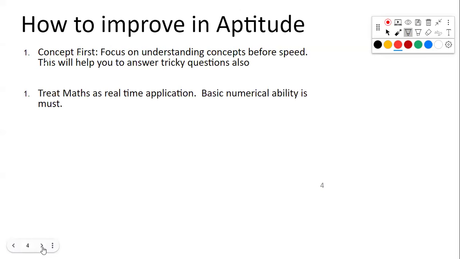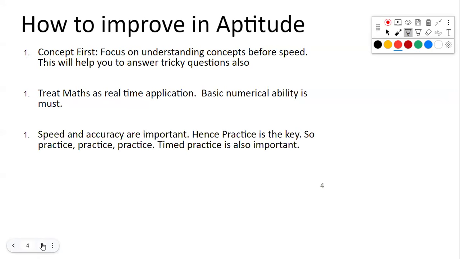Treat maths as real-time application. Basic numeric ability is a must. You do a lot of purchasing or shopping or e-commerce shopping, or your parents might ask you to get something. So quick arithmetic calculations will always be there when you go out to buy. Speed and accuracy are important, hence practice is the key.